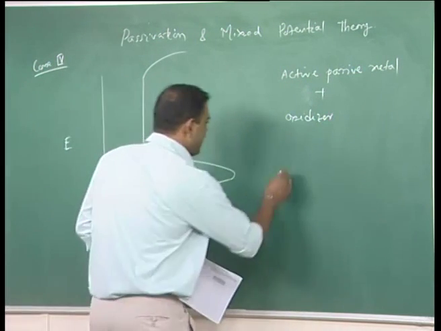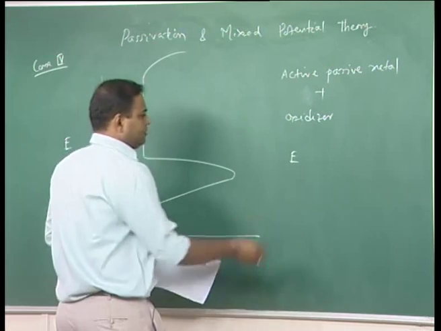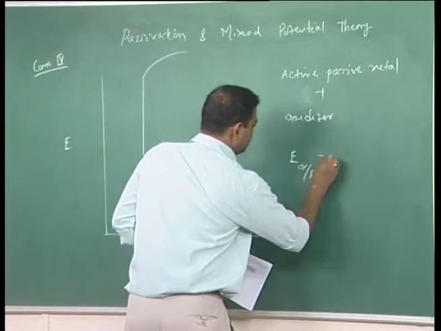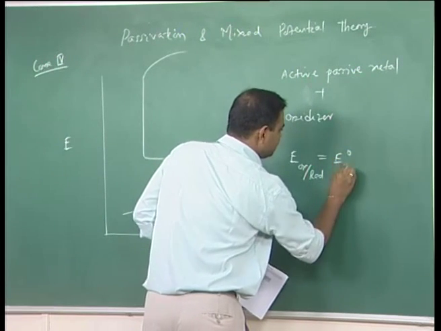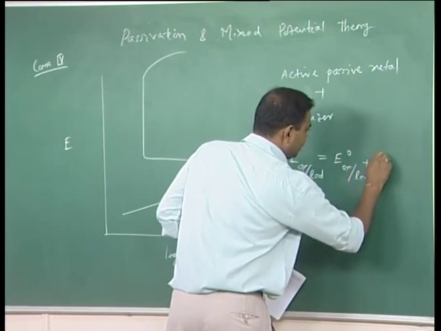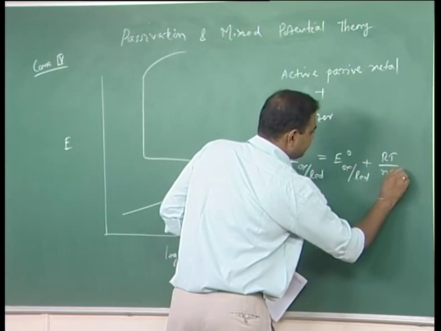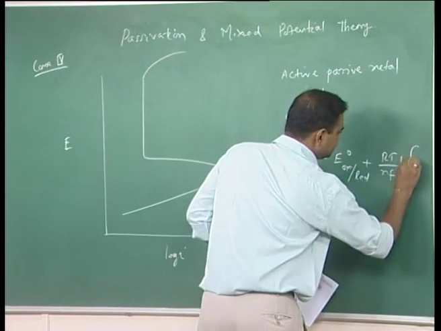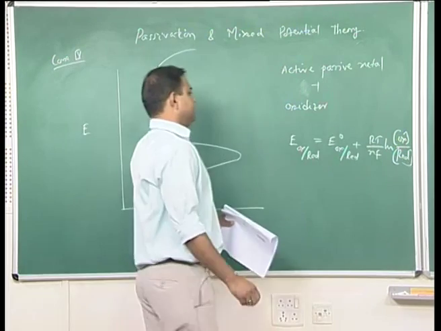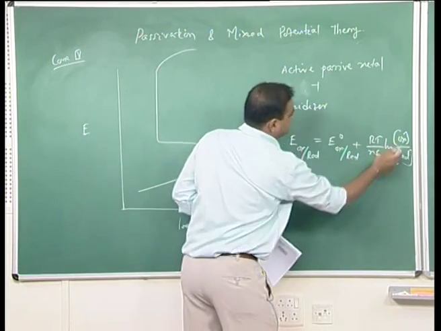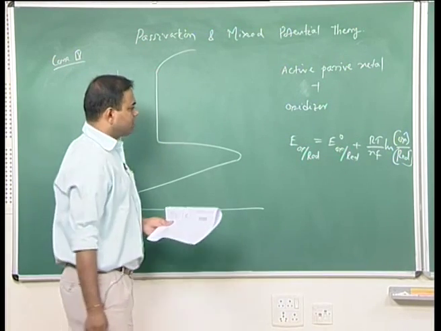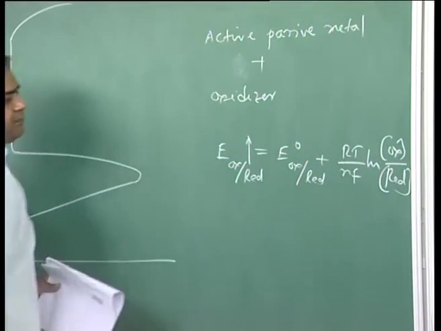In that case I can have this relation, the Nernst equation: E equals E0 of oxidant and reductant plus RT/nF ln of ox over red. Now, if you increase this concentration of oxidant or oxidizer in the solution, you are going to increase this one.